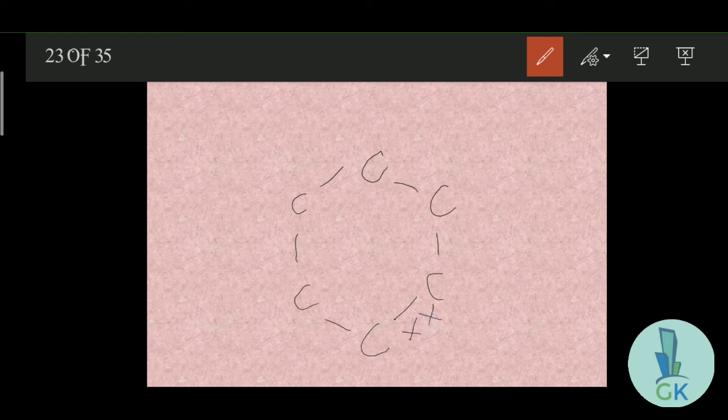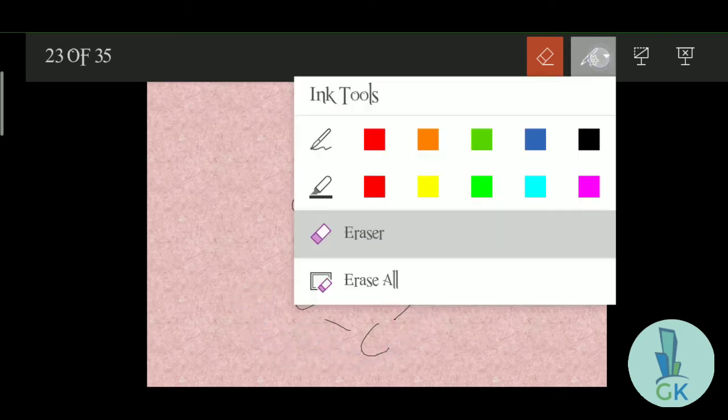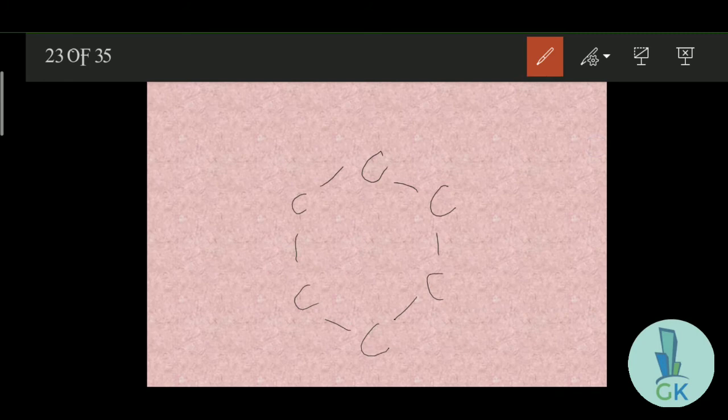For example, this carbon is sharing 2 of its valence electrons with these 2 carbons. If 2 valence electrons are already being shared, it needs to share 2 more, so each carbon will have 2 hydrogen atoms bonded.